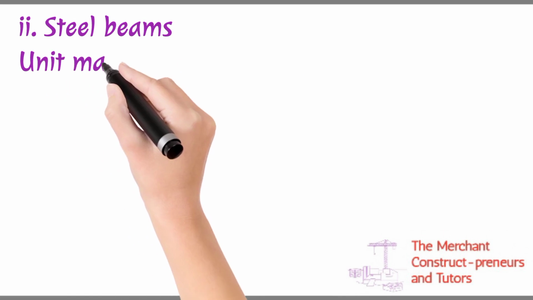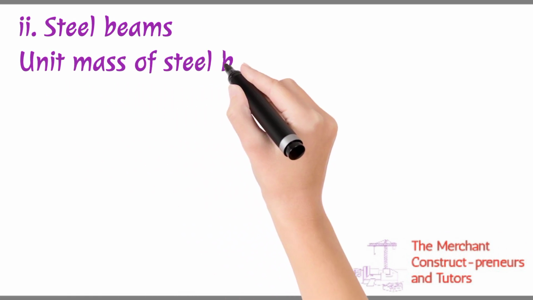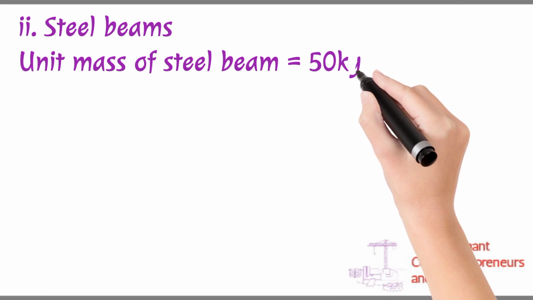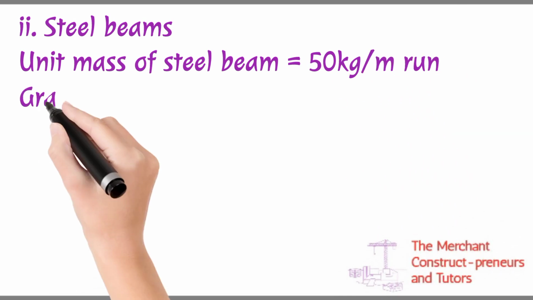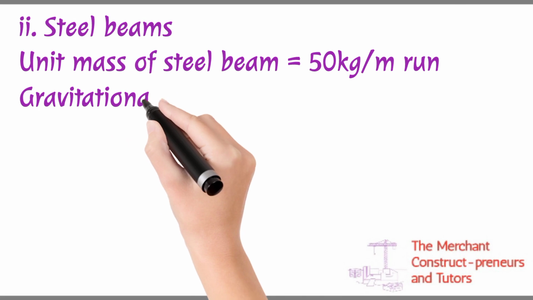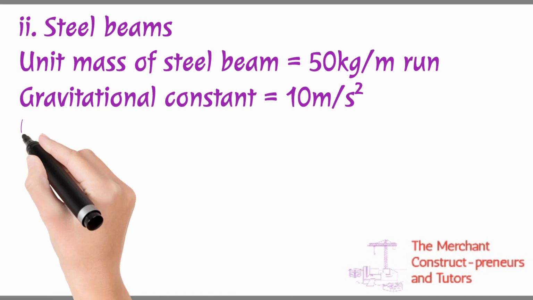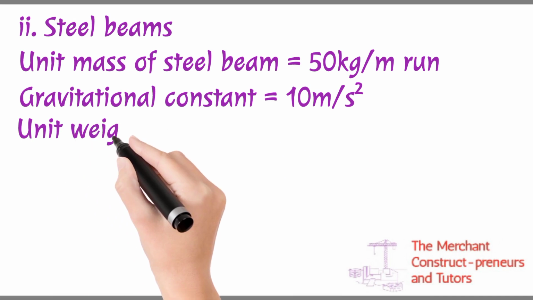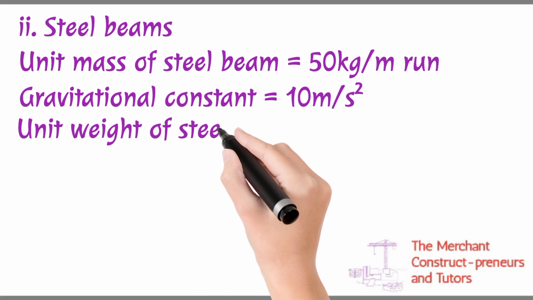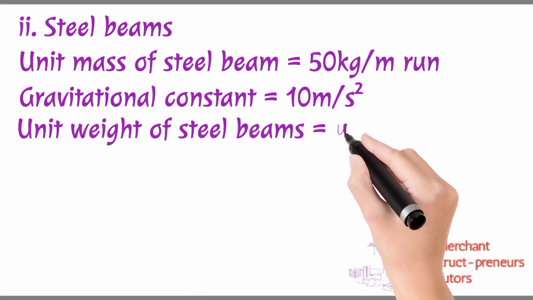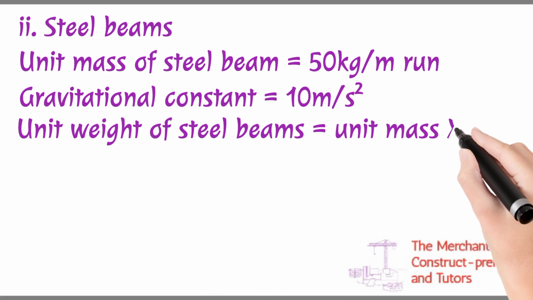So we are looking at the second item, or the second material. This is the steel beams. The unit mass of steel beams given in the question is 50 kg per meter run. The gravitational constant, that is acceleration due to gravity, in other words, is 10 meter per second square.